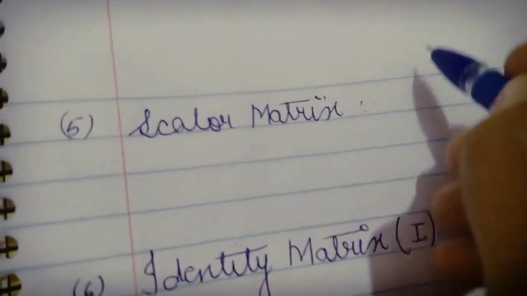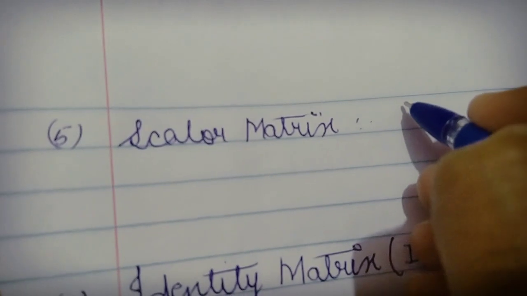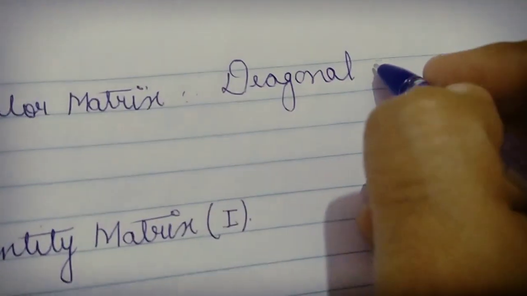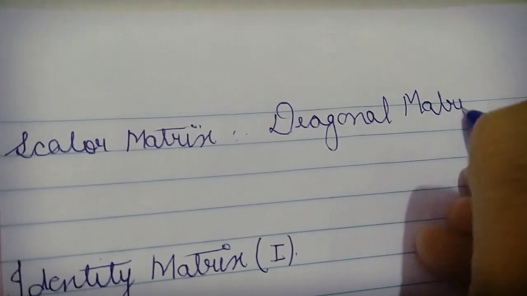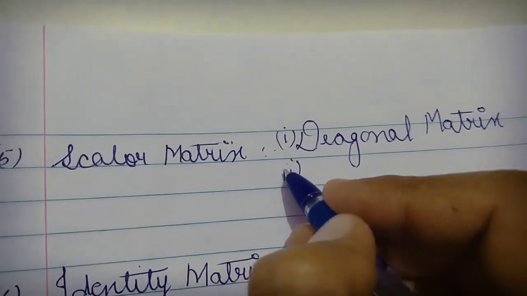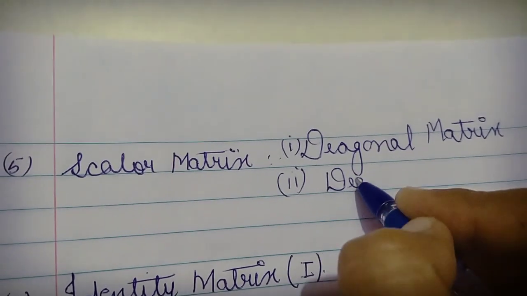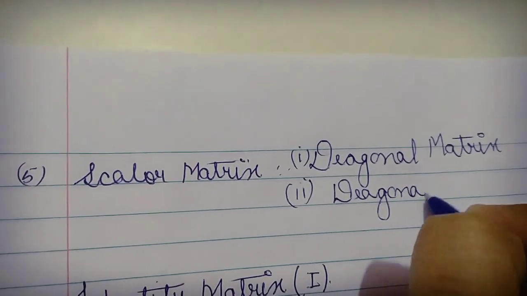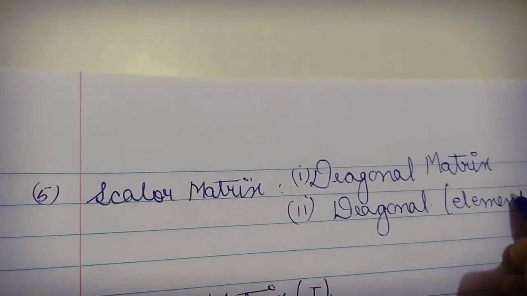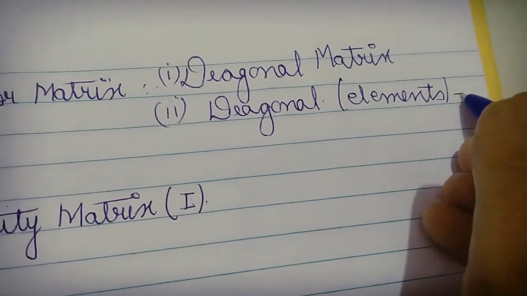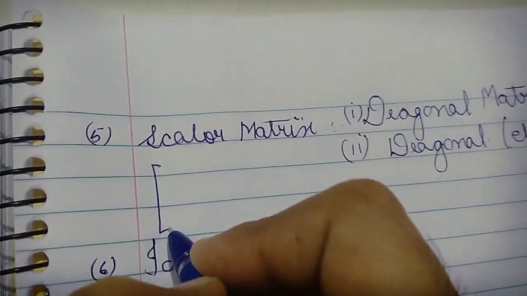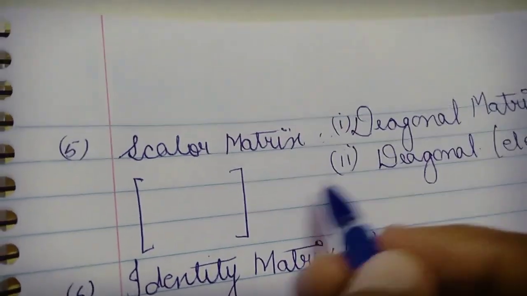Next type of matrix is scalar matrix. Scalar matrix must be a diagonal matrix, first condition. Second condition, elements of diagonal is always same. That means first it must be a diagonal matrix.